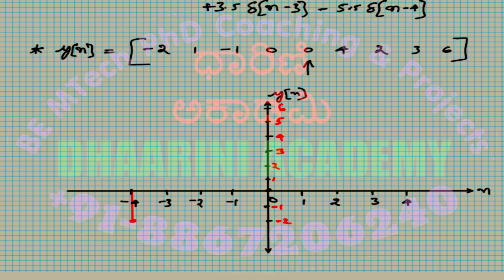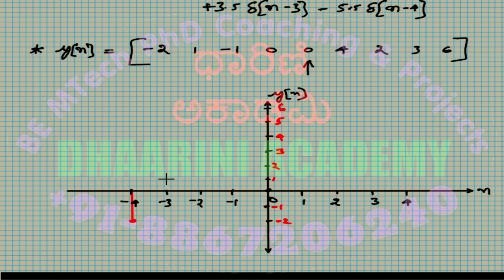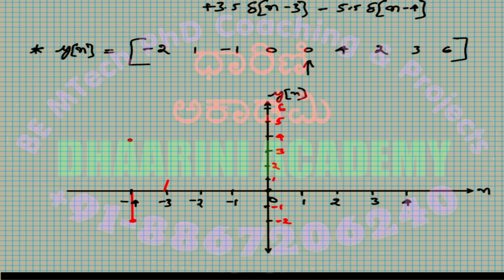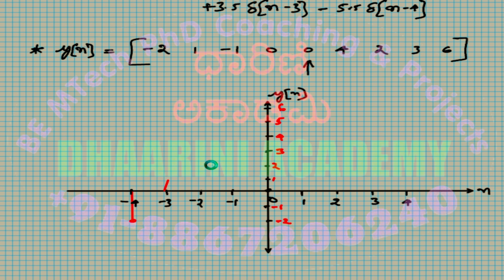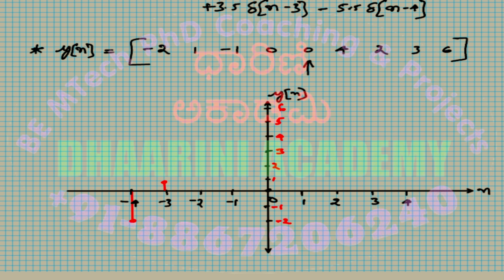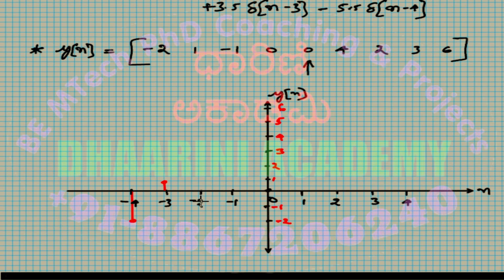Then you see the next amplitude is how much? Plus 1. It is 1 at minus 3. Then the next amplitude is minus 1, so at minus 2, draw the amplitude equal to minus 1. Then at minus 1, it is 0, and at 0 also, it is 0.